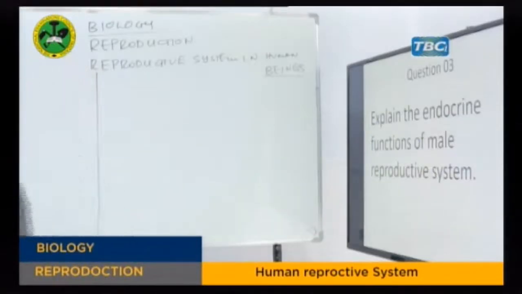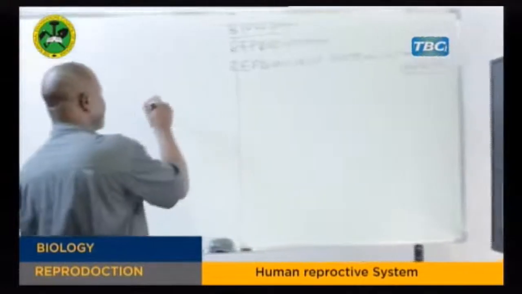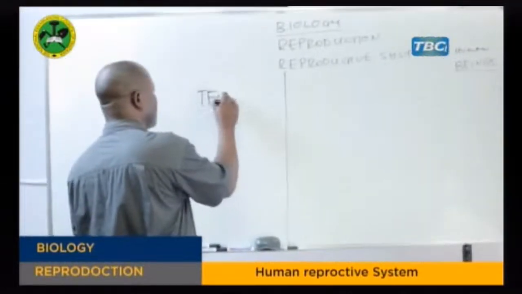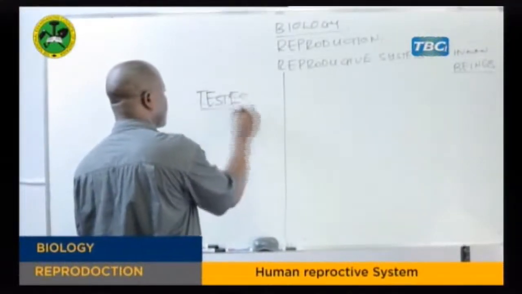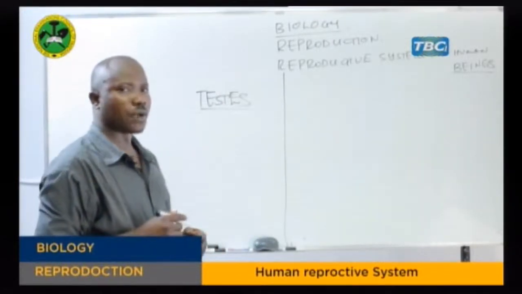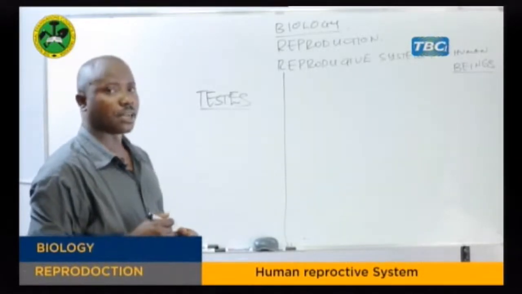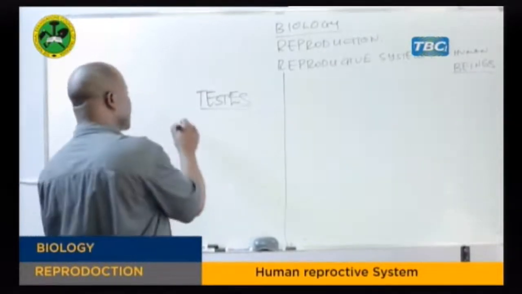The male reproductive system, as we said, consists of the testis. It must be known that the testis is where the sex hormones are produced, and the hormone produced by the testis is testosterone.